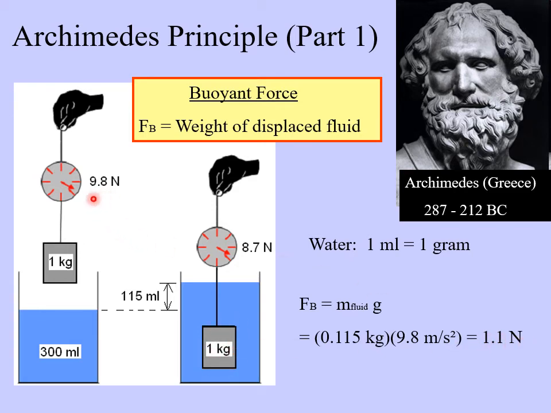If we take the original weight of 9.8 and remove 1.1 newtons from that, because the water is pushing it upwards, we get the underwater weight of 8.7 newtons, so everything works out correctly. This is Archimedes' principle. And amazingly, this was figured out by a guy well over 2,000 years ago in ancient Greece.